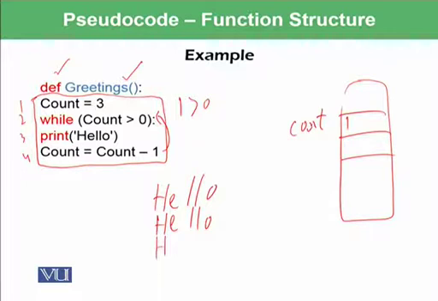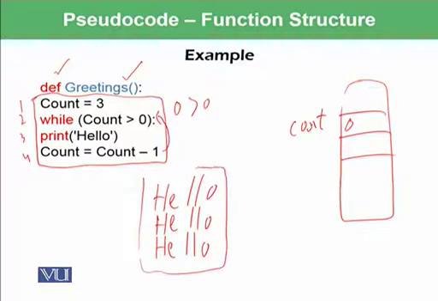Then it will again print hello, and then count will become 0 with the statement count is assigned count minus 1, and then it comes upward again, and 0 is greater than 0. So this condition is false. This means this function is going to be terminated. So wherever we want to print these 3 hellos, we can simply write over there greetings.